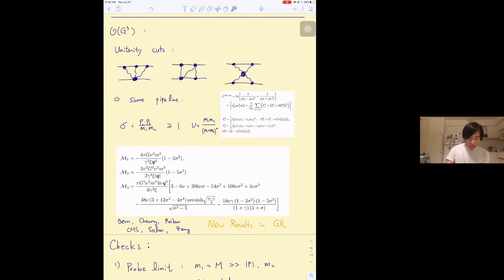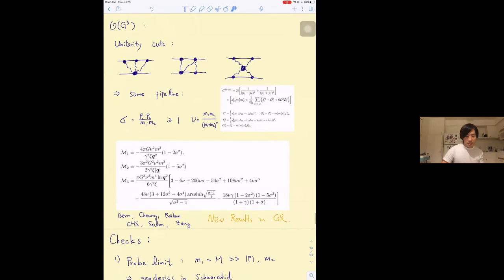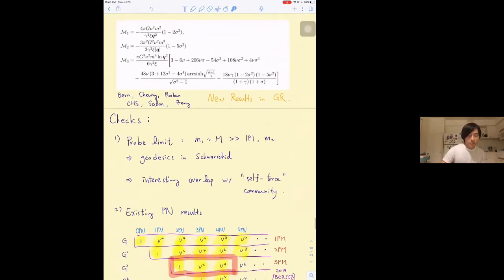This new parameter first appears inhomogeneously at two loops. But for tree level and one loop, it doesn't show up; they are overall just nu factors. And why is this interesting?